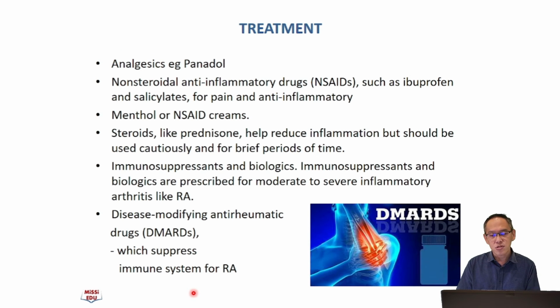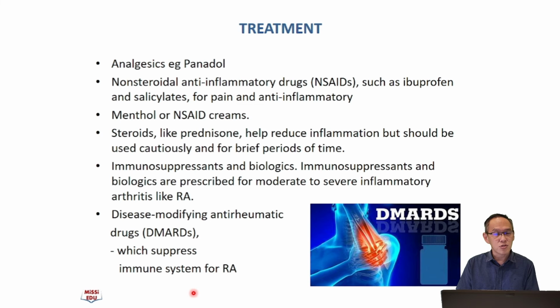And certain creams may be useful when you apply on the painful area, for example, NSAID cream and menthol cream. In severe cases, we have to use steroid to suppress the inflammation, for example, prednisolone. It helps to reduce inflammation, but has to be used cautiously with the advice from doctors.